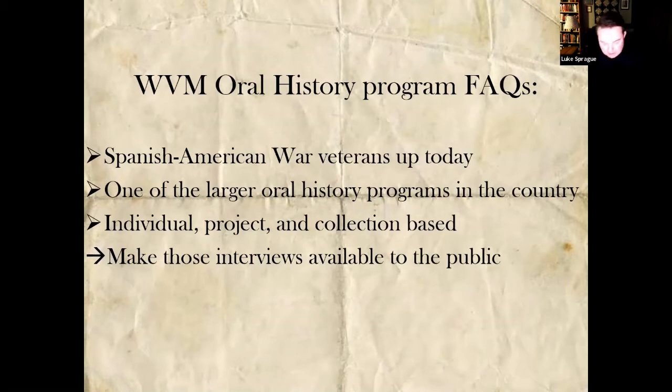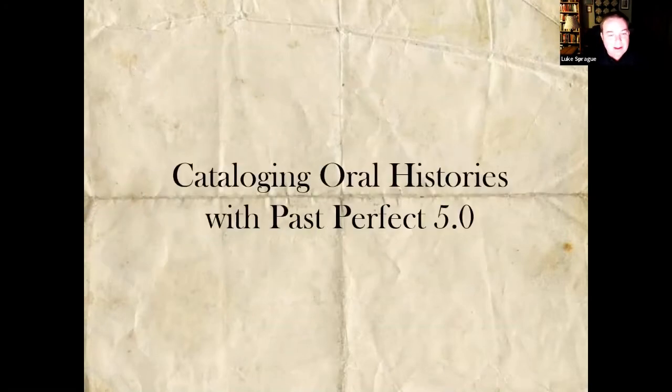And what we're going to be showing you today are our internal cataloging processes with PastPerfect, which is also public facing. So I want to thank PastPerfect for allowing us to make this video today, and hopefully you will find this interesting. So we're going to be cataloging oral histories with PastPerfect 5.0.